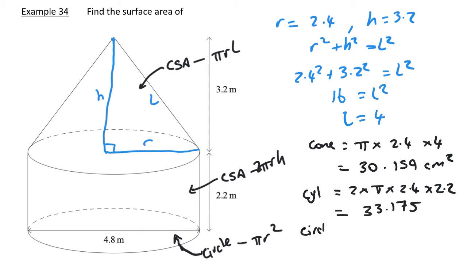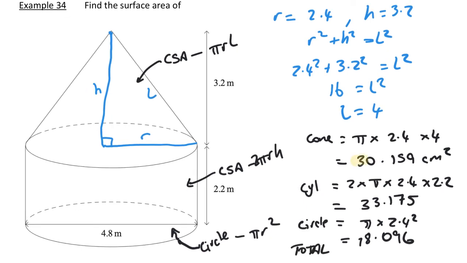The circle is pi times 2.4 squared, which is 18.096. So the total, found by adding the cone, the cylinder, and the circle, works out as 81.43 squared centimetres to 2 decimal places.